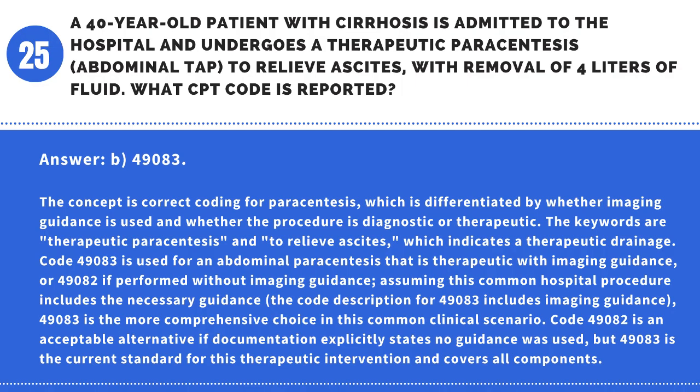Assuming this common hospital procedure includes the necessary guidance, the code description for 49083 includes imaging guidance. 49083 is the more comprehensive choice in this common clinical scenario. Code 49082 is an acceptable alternative if documentation explicitly states no guidance was used, but 49083 is the current standard for this therapeutic intervention and covers all components.